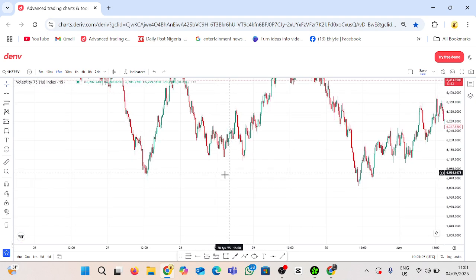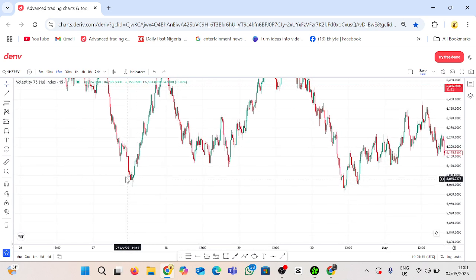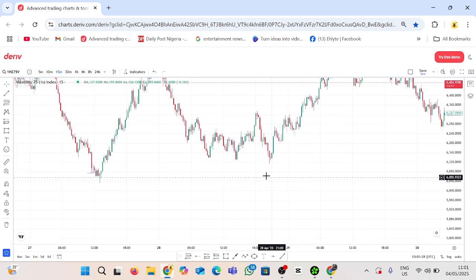So where are we now? We are on the 15 minutes time frame. Now on this 15 minutes time frame, there's a tiny sweep of liquidity here. Let me expand it.